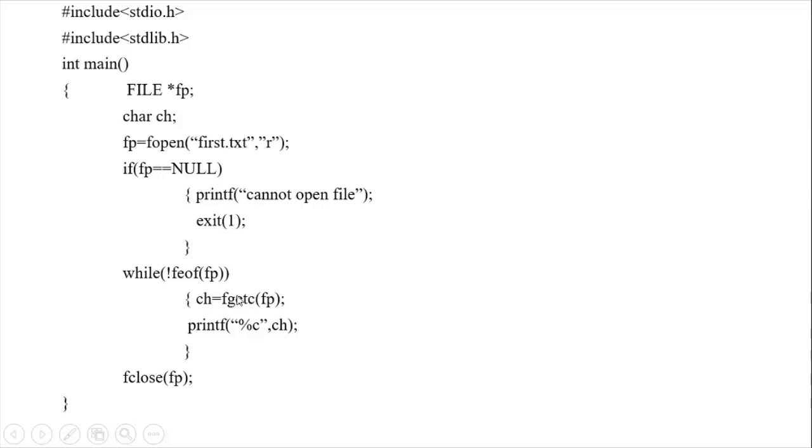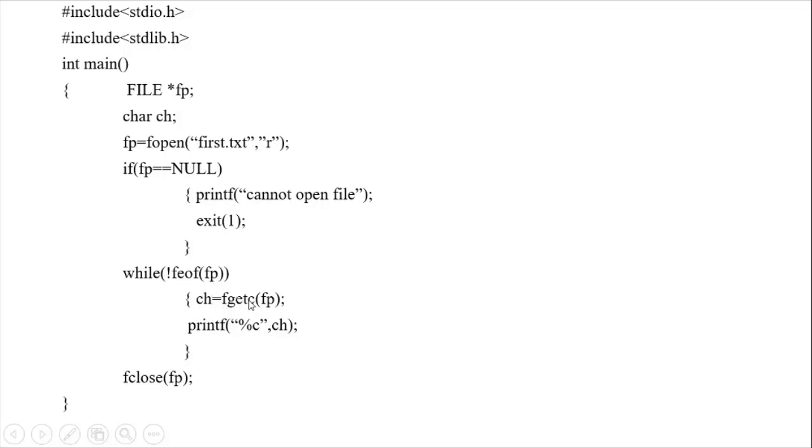What is the purpose of this fgetc? fgetc is used to read a single character from the file, and it will store it in the character variable ch. And printf percent c of ch will print it onto the monitor. So each character is read from the file and printed to the monitor.